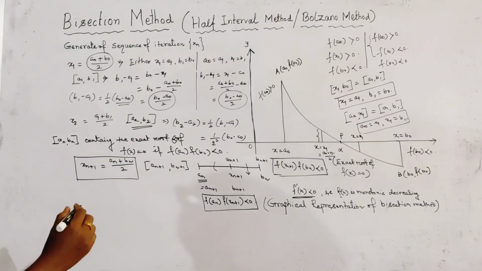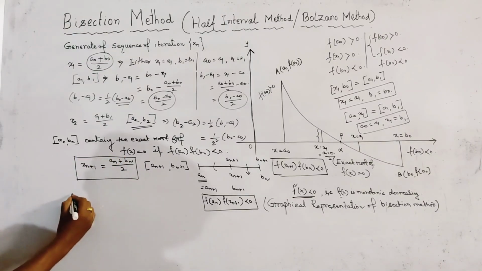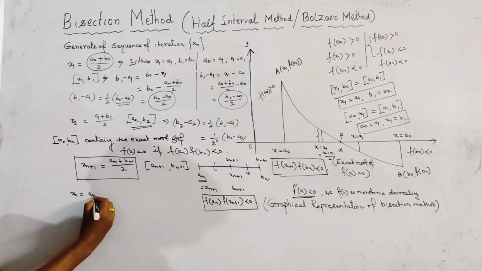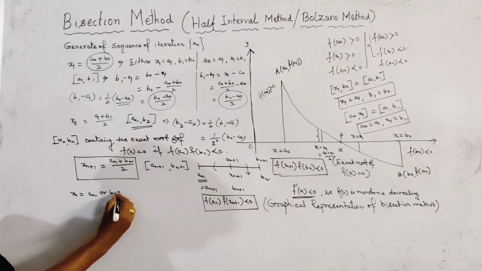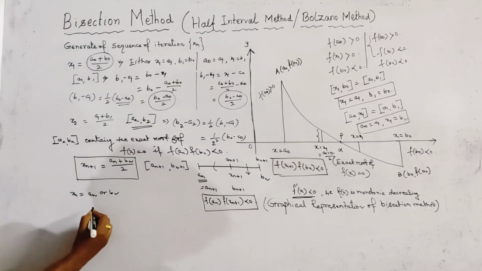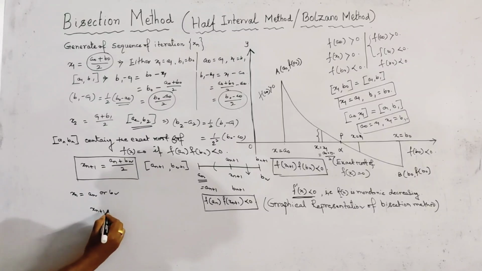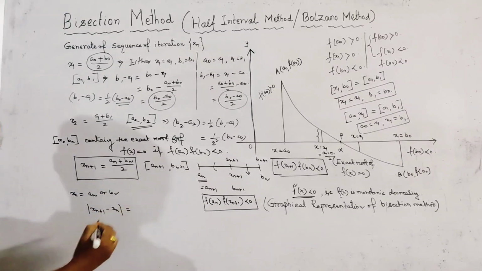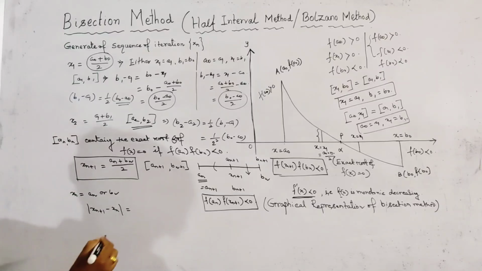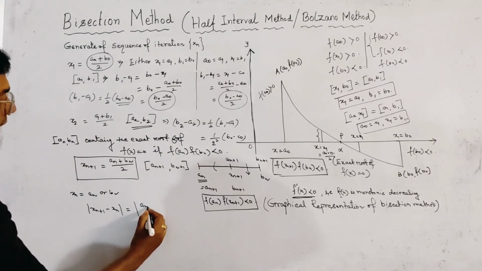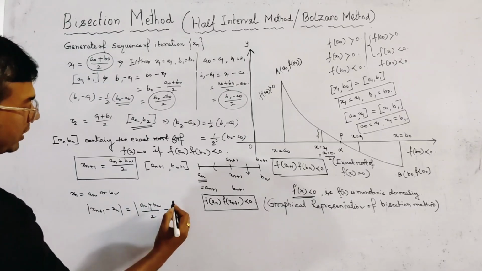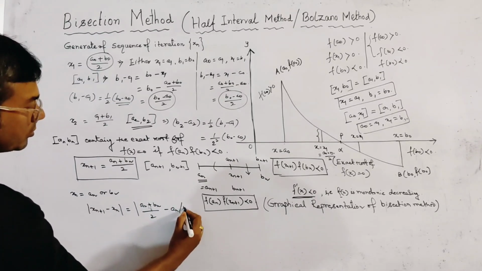Okay, now here we see that xn, the previous iteration, is either an or bn. Now we find xn plus 1 minus xn, and the modulus of this is given by mod of an plus bn by 2 minus an or bn.